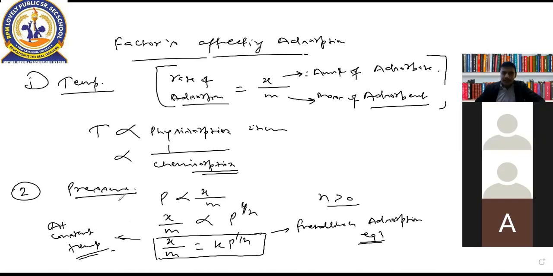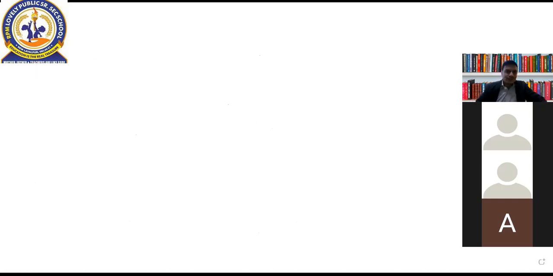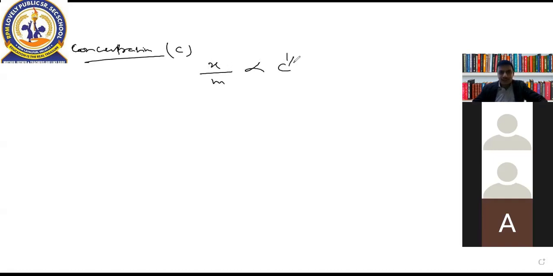Okay, apart from that, after the Freundlich adsorption equation, the same relation was found for concentration also, in the case of liquids or others. The third factor is concentration, C, I mean to say molar concentration. x by m is directly proportional to C to the power 1 by n.